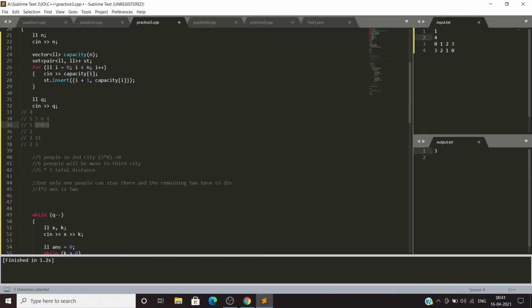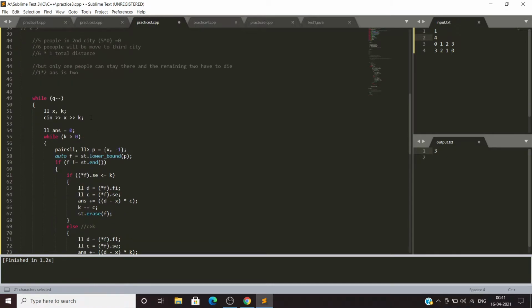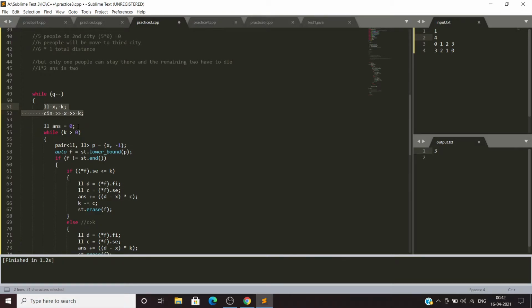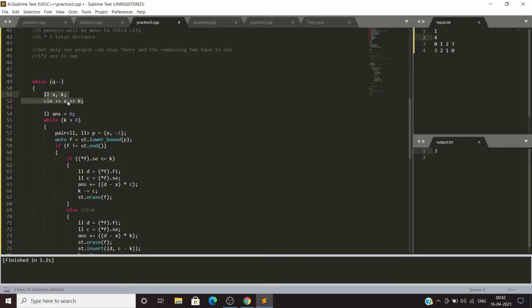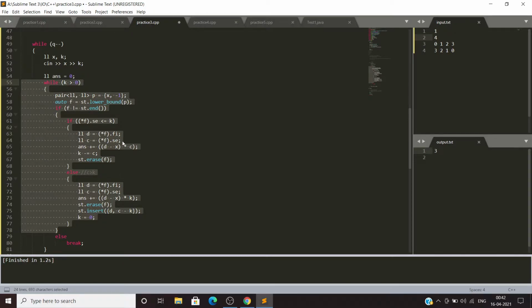What we can do here is use a set of index and capacity, meaning we are storing a set of pairs of index with capacity. For every query, we are taking x and k. We are providing k people to city x. We will do this until k is greater than 0, until all the people are settled.